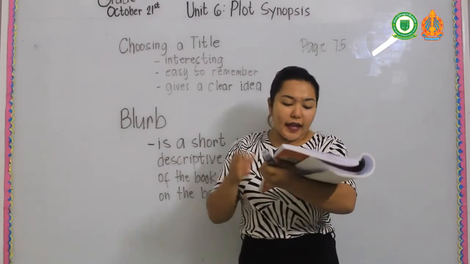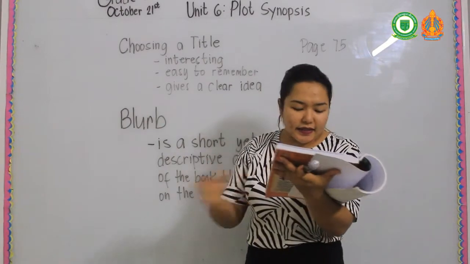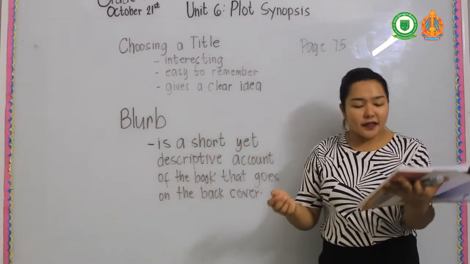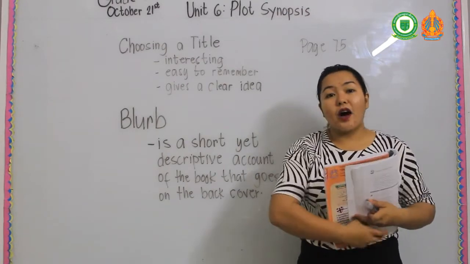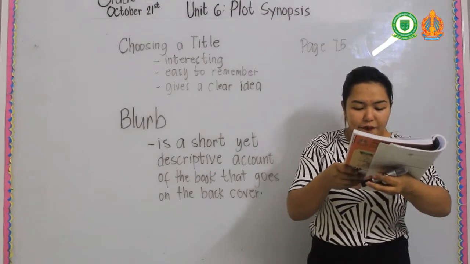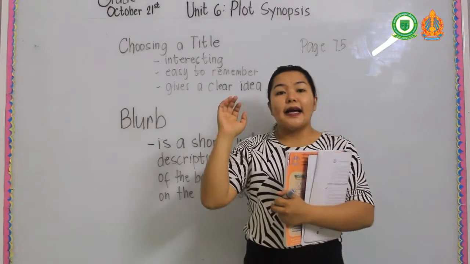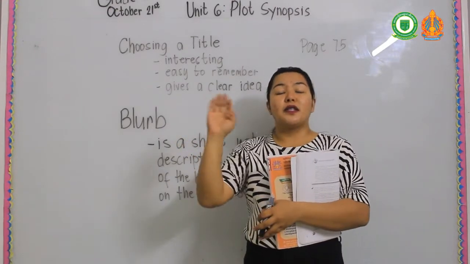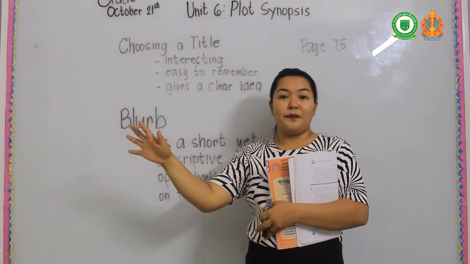Alright, so let's understand what choosing a title is. It says here, titles should not be long, okay? It should be, it says here, usually no more than 5 words, or simply 5 words and below, okay?